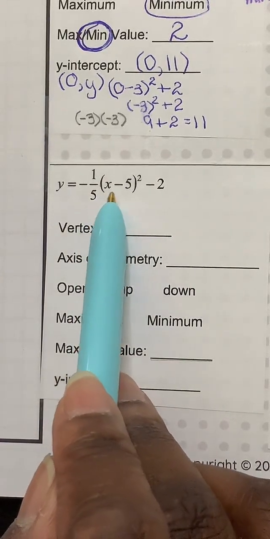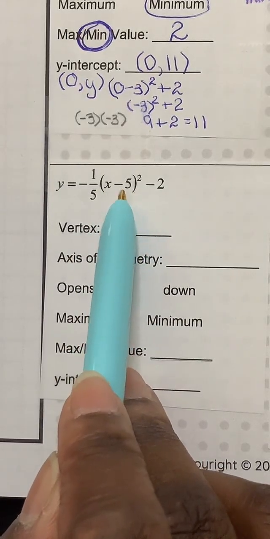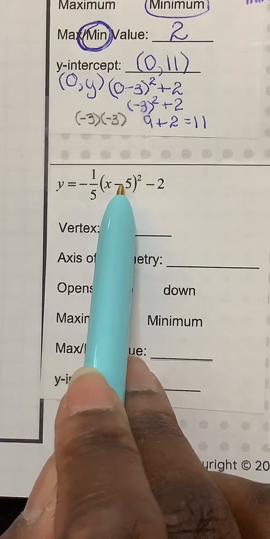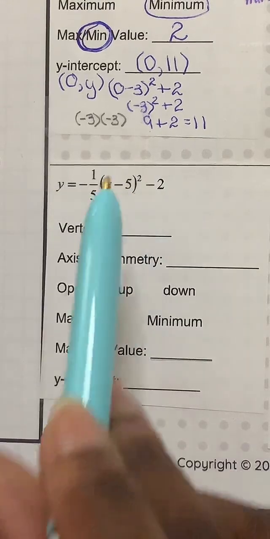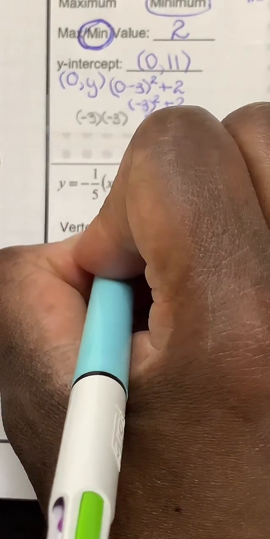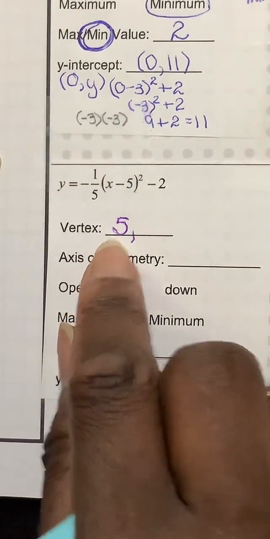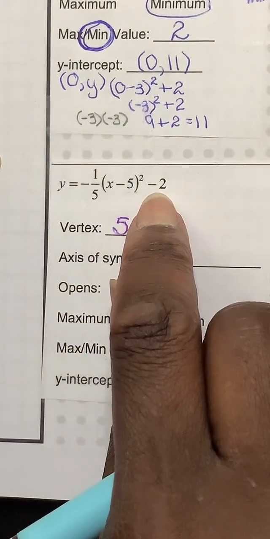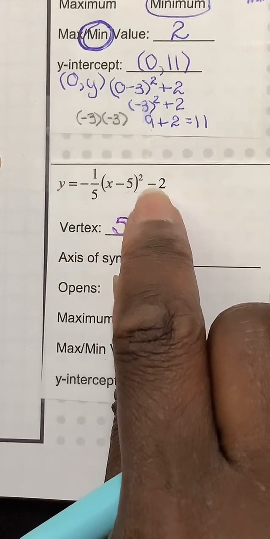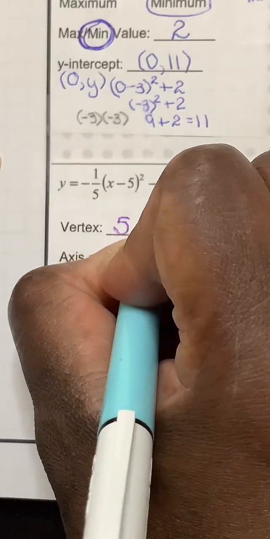What's inside the parenthesis, you always take opposite what you see. I see a -5, so the opposite of minus is plus or positive. So I got my +5. That's my x value of my vertex. And then my y value is the constant as what I see it. So that will be a -2.